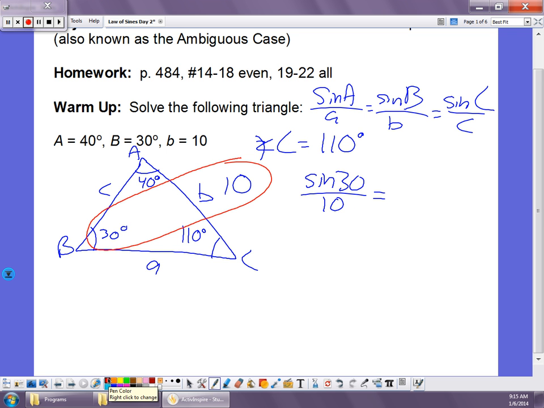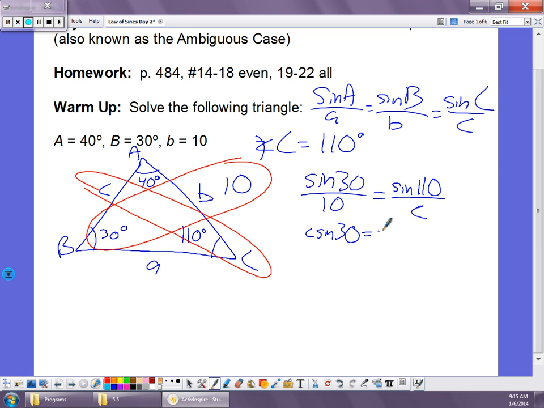So you could either solve for side C or side A. So we can start with side C. So I'm just going to say sine 110 over C, and then you would just carry out the math. So you'd cross multiply, so you get C sine 30 equals 10 sine 110, and then divide by sine 30.